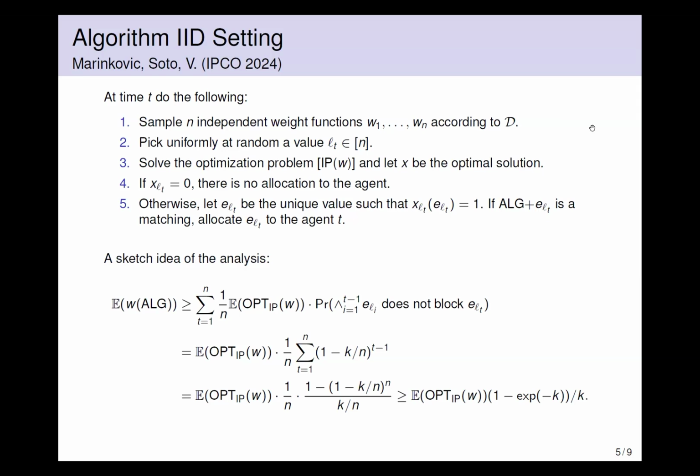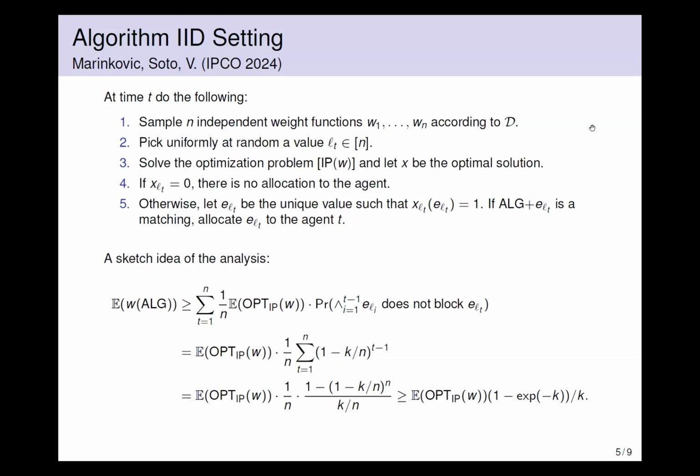Also here, let me assume that if you do not allocate anything to an agent, then the contribution is just 0, that's okay. So it would be essentially like 1 over n times the expected optimum. But here comes the most interesting part, where you have to pass the filter.